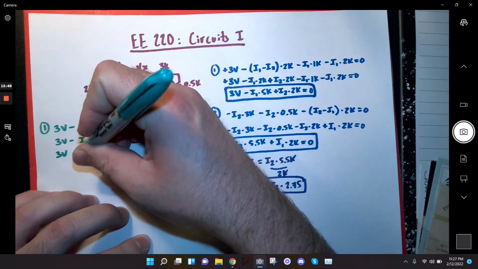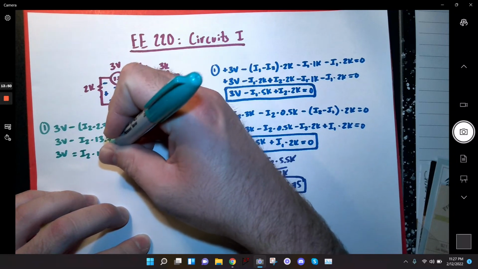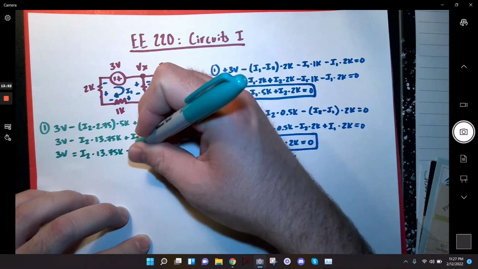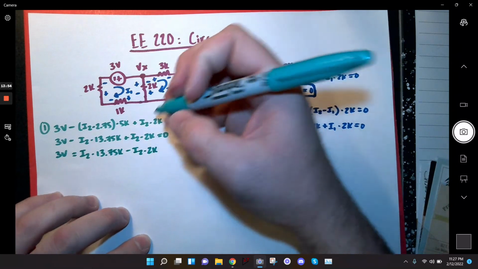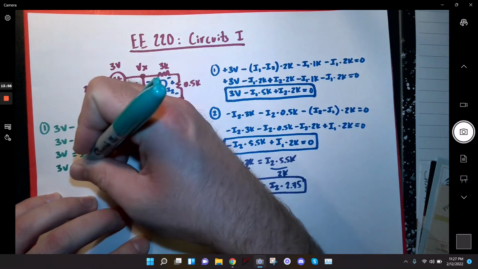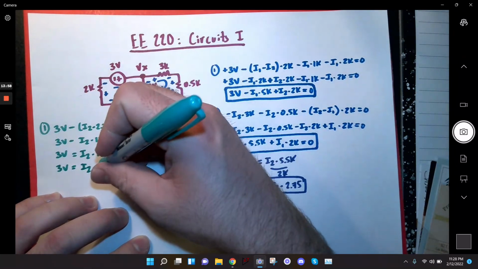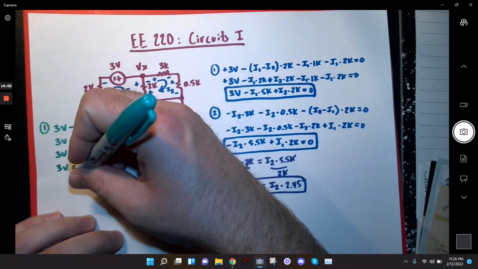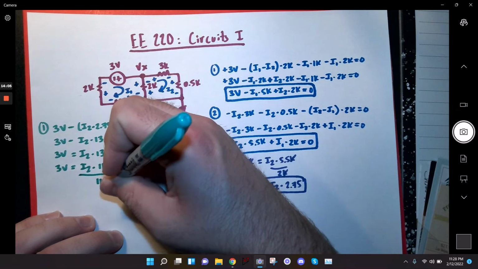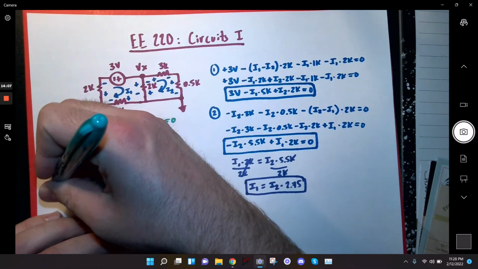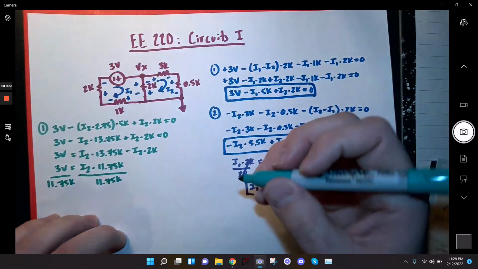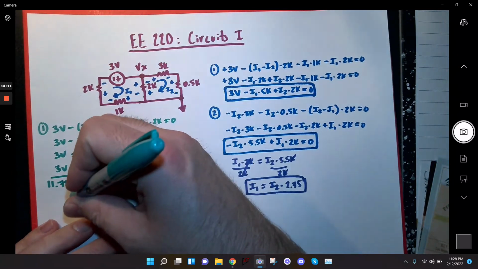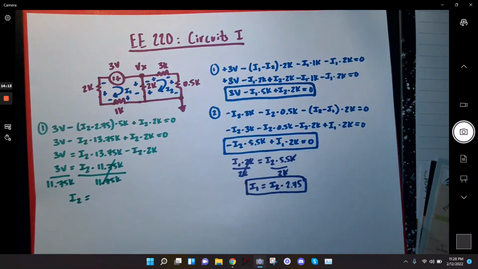So I basically get I2 times 13.75k minus I2 times 2k. That's going to give me 3 volts equals I2 times 11.75k, right? And now I divide both sides by 11.75k, and that's going to give me my I2, because these cancel, so I should get a reasonable answer.